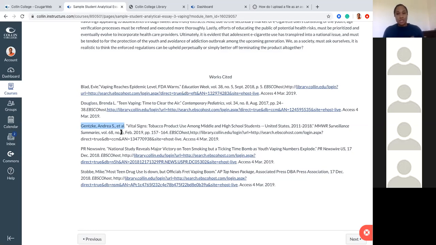You can't use it in your annotated bibliography whenever you're writing in your sentences. You shouldn't have et al there. You would instead have Andrea Ginsky and her team of researchers in the actual sentence. But in the source, yes. And in the medical citation, you would have all of this information. Gotcha. Okay. It's a great question.